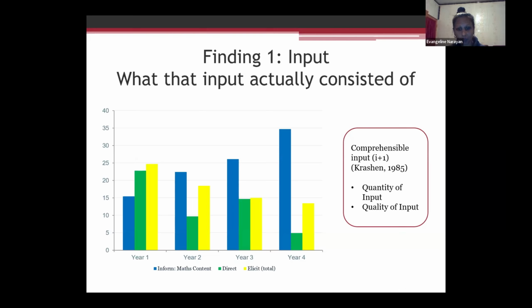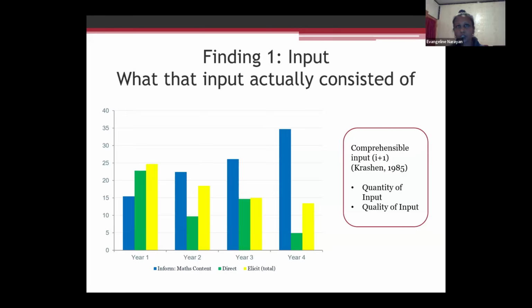Then elicits were also included, and these were mostly in the form of questions. But if you look at year 1, the teacher mostly asked questions and gave instructions. This is because the teacher mostly used the I do, we do, and you do pedagogy quite strictly. Therefore, the teacher asked more questions and gave more instructions.